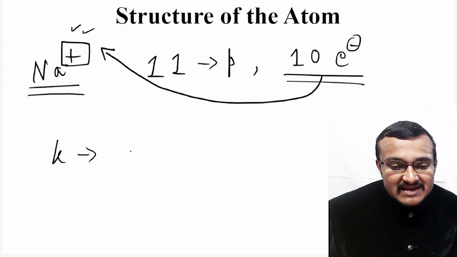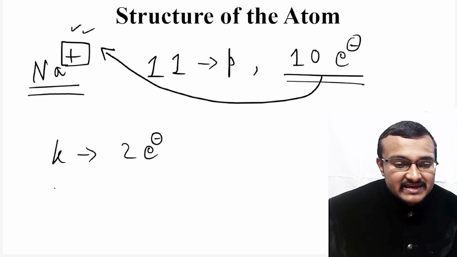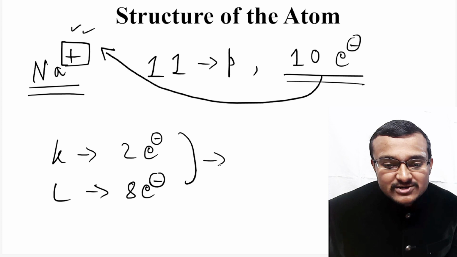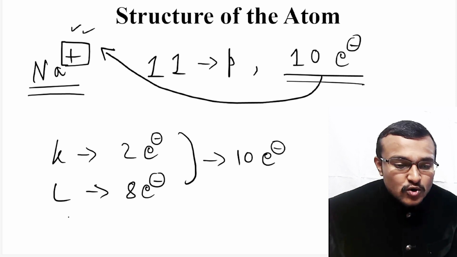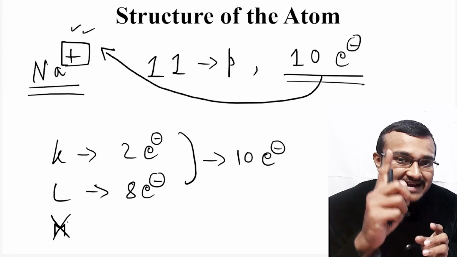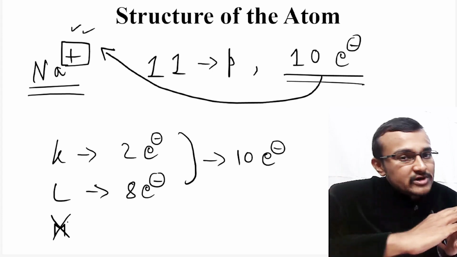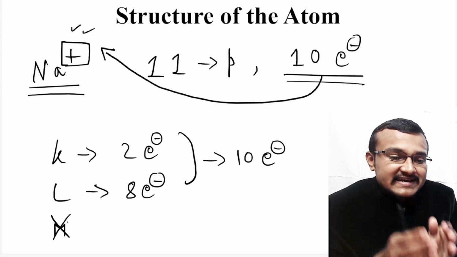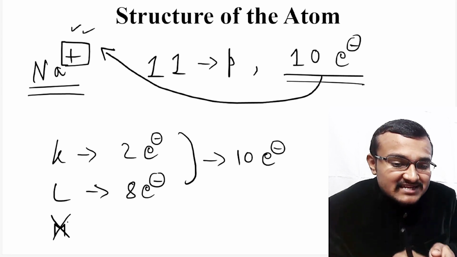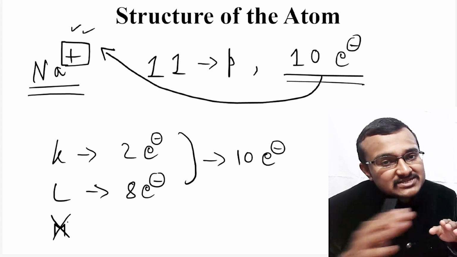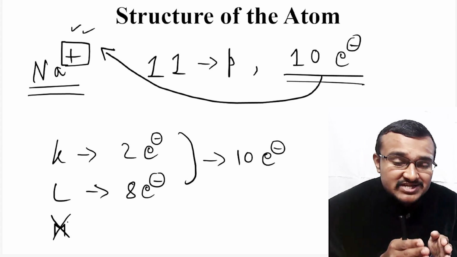Hence the K shell can be filled with 2 electrons, the L shell can be filled with 8 electrons, and 2 plus 8 is 10. That means there is no requirement of the M shell at all, because the one electron which was there in the M shell has already been knocked off from this sodium. So the K shell is completely filled with 2 electrons, the L shell is completely filled with 8 electrons, and the one more electron which was there in sodium has been knocked off and it has got a positive charge.